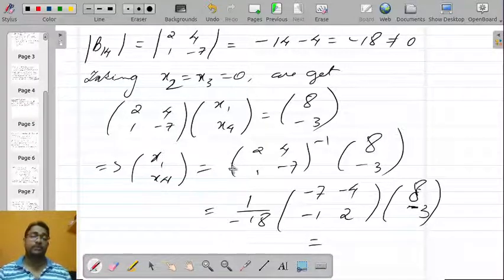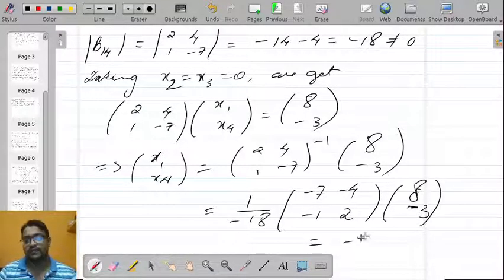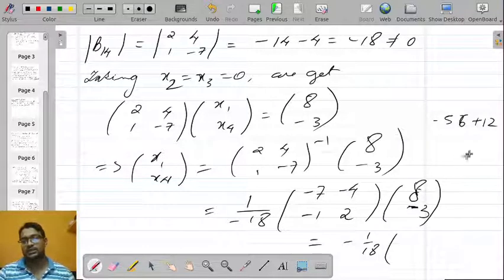What is difficult is finding the determinant and computing the inverse. Otherwise it's simple. So it's minus 7 into 8 is minus 56, minus 56 plus 12, that is minus 44, and then here is minus 8, minus 6, minus 14.